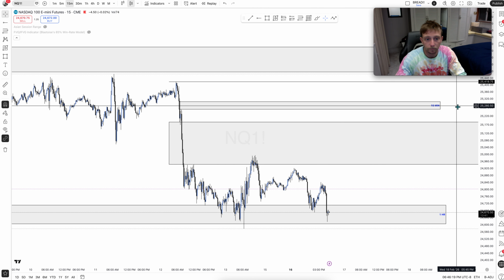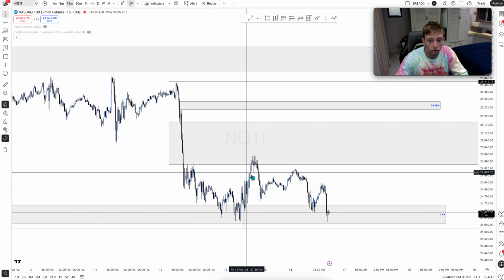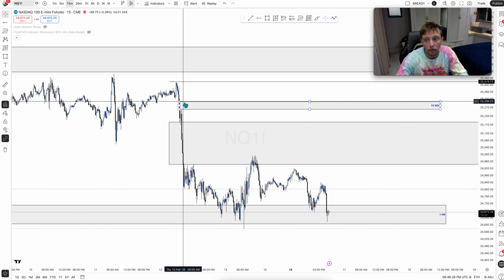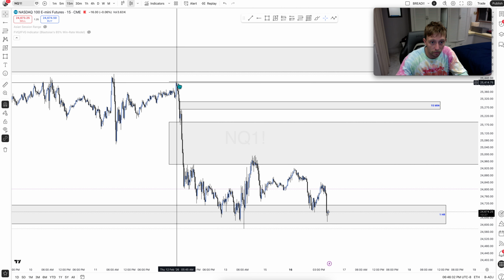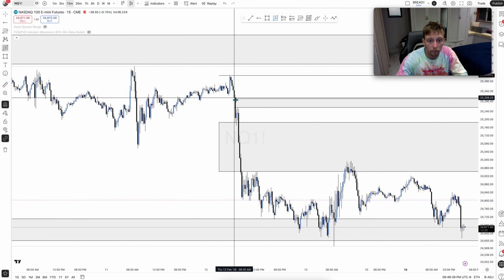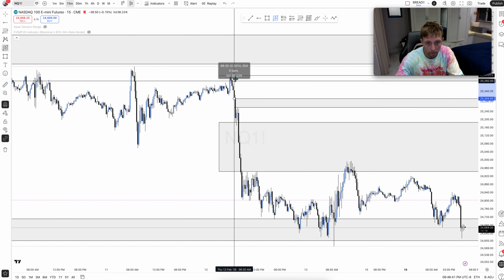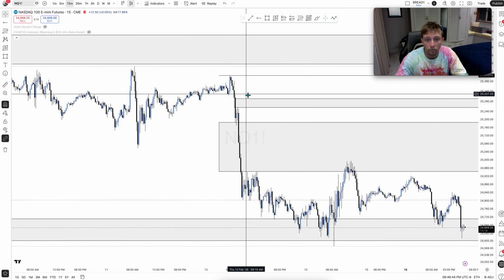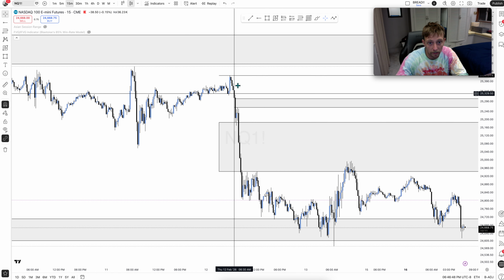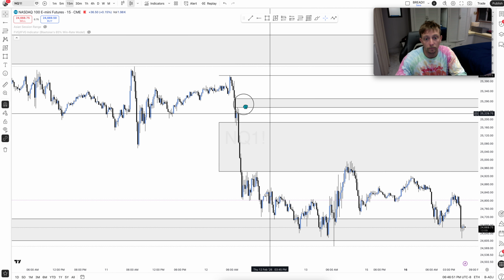Well, because if price wants to come up, tap this draw, and continue going higher, we can assume that price will want to take this higher draw. It's not a guarantee, but we can assume so. We can mark out this one right here, 88 points. So depending on if you want to take this first inversion or the second one, they're both valid gaps.